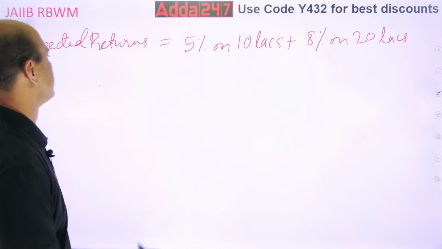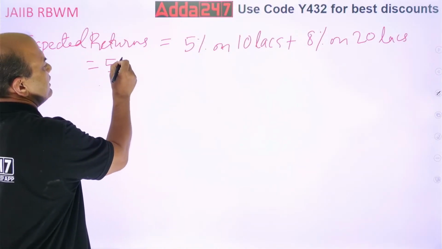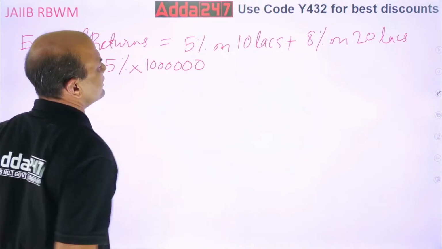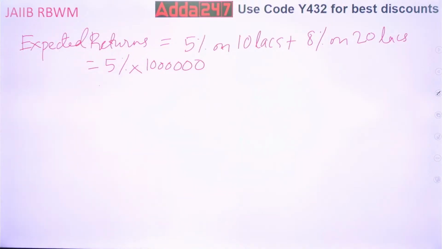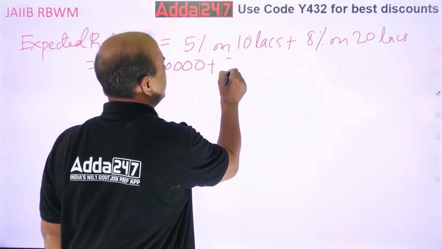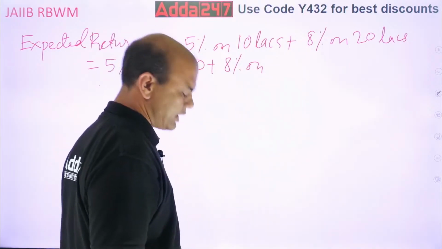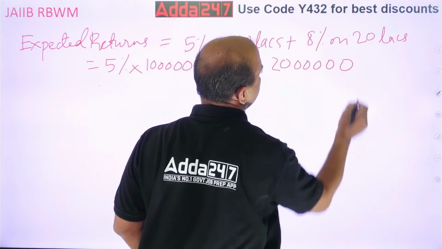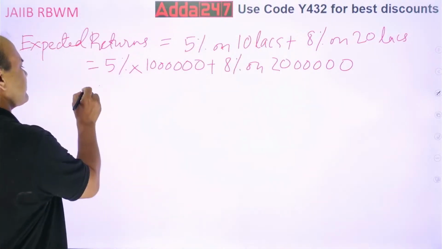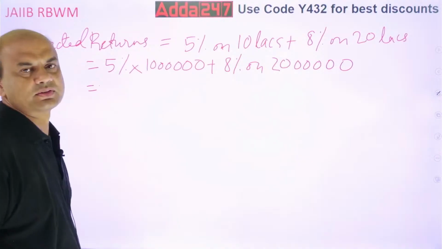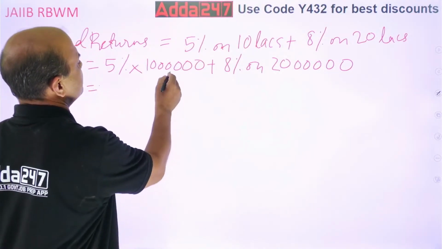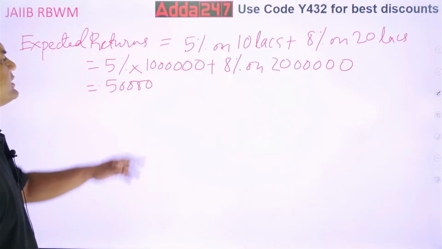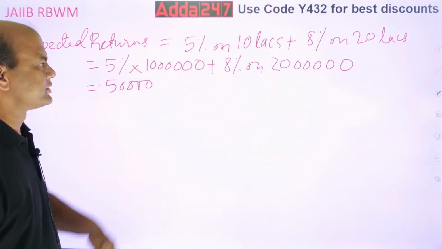5% on 10 lakhs. 10 lakhs, no? So it is 50,000. 10% of 10 lakhs is 1 lakh, so 5% is 50,000.